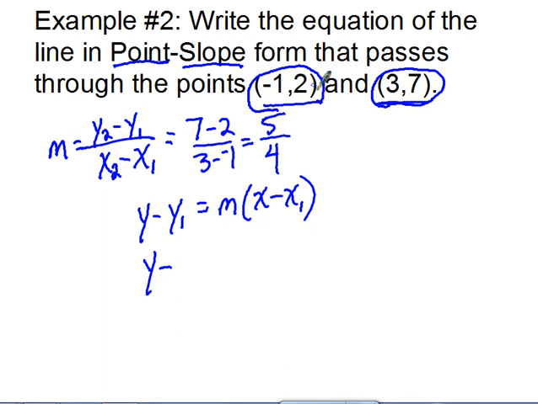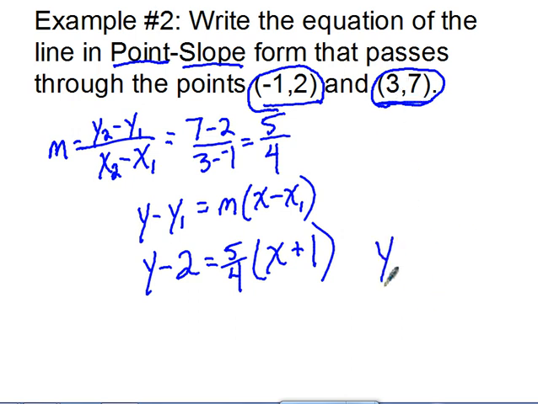We could have the equation y minus 2 equals 5/4 times x minus -1, or x plus 1. Or we could use this point and get the equation y minus 7 equals, again, the slope 5/4, the slope doesn't change, times x minus 3. These are both correct answers.